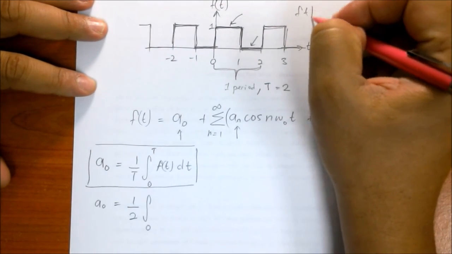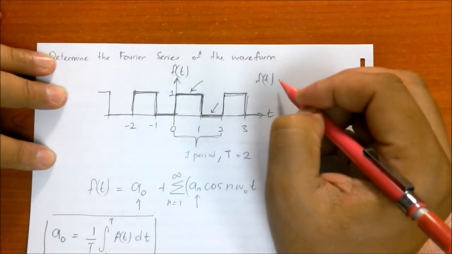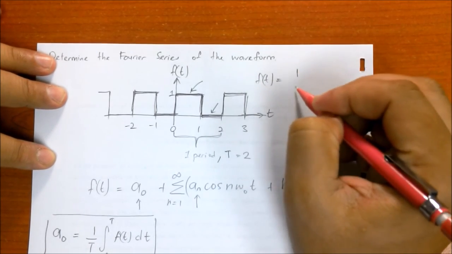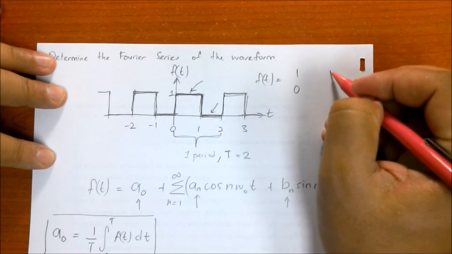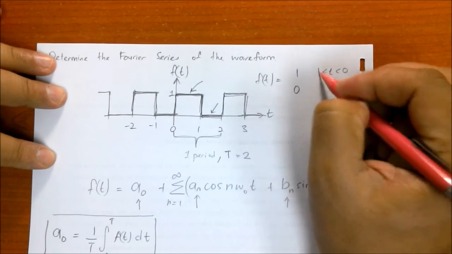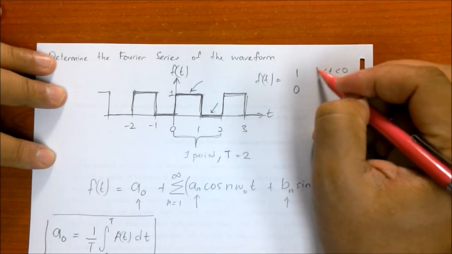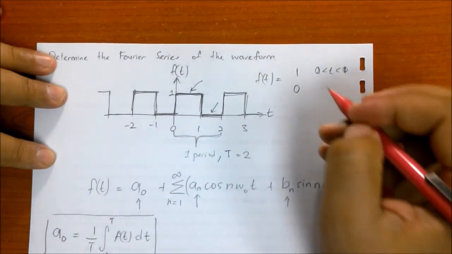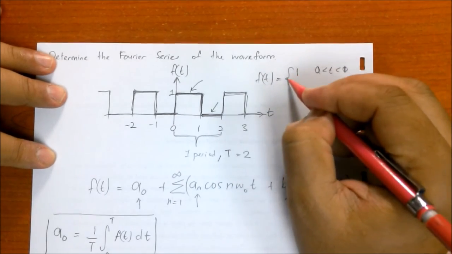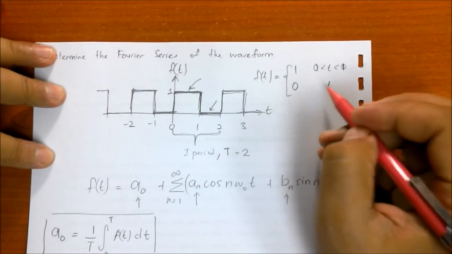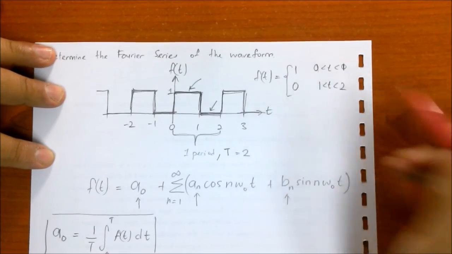So f(t) is actually 1 and 0: 1 for 0 to 1, and then 0 for from 1 to 2.